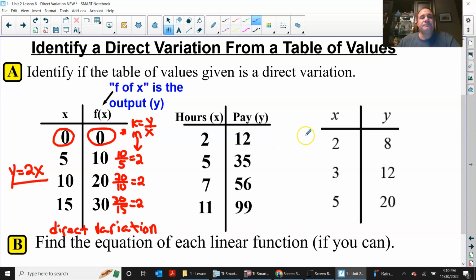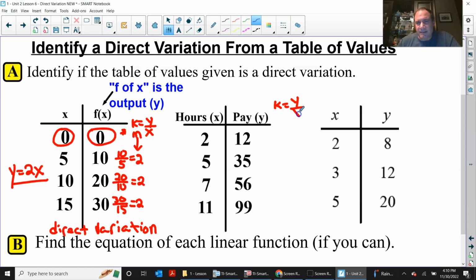So here we go again. So let's see. First off, it does not have 0, 0. So right there, we either have to work back to it or we're just going to have to figure it out. So let's see if these are proportional.